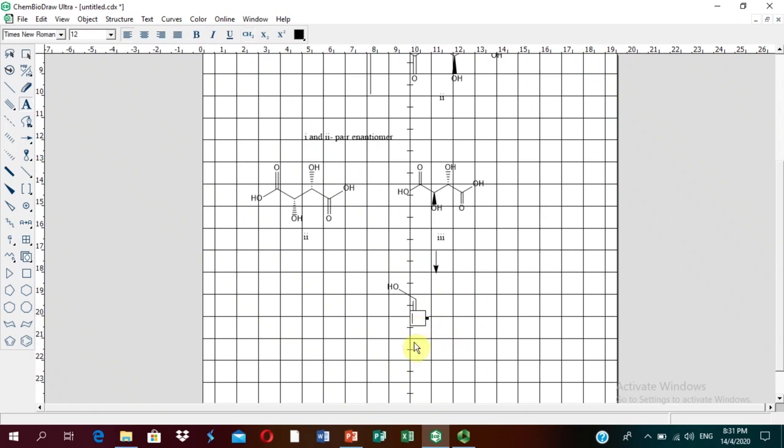This is O, and then this bonding, sigma bond, and then this is dash.